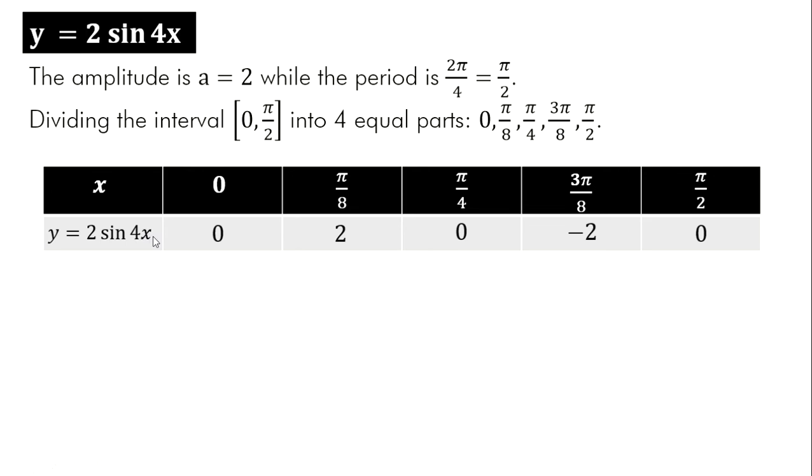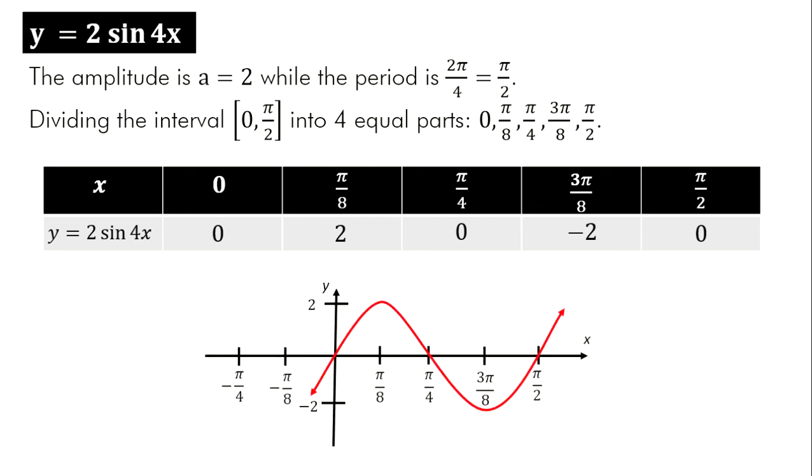Use your calculator to evaluate this, or you can use our special angles to identify its value. After that, you can now plot these points and observe its behavior. By its properties, it's a smooth curve.